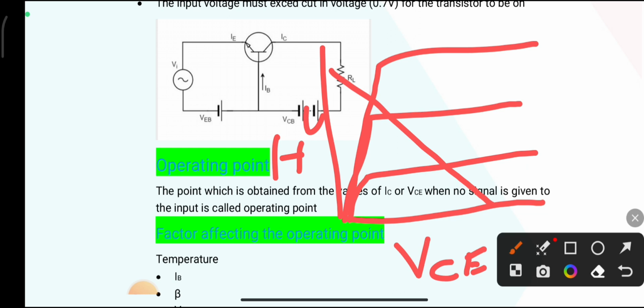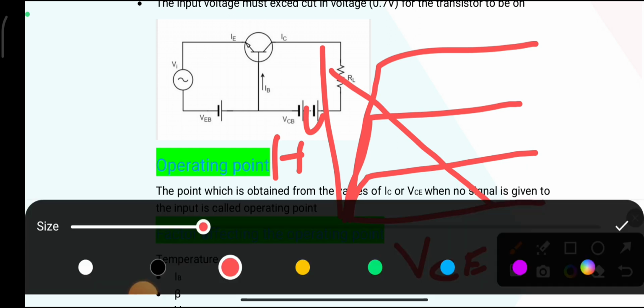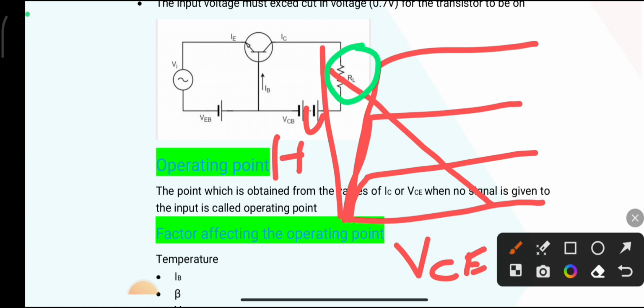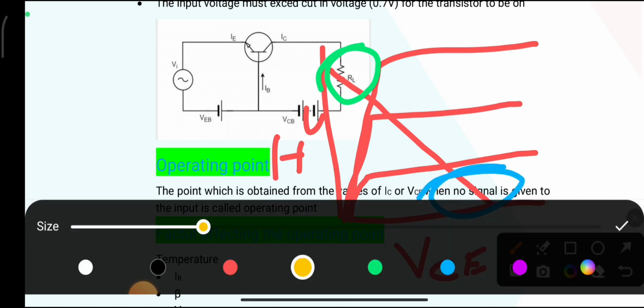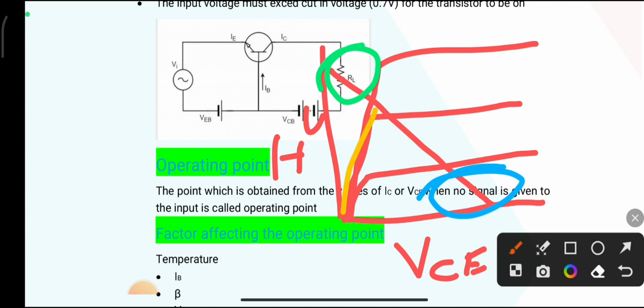This part is called the saturation region, this part is called the cutoff region, and from here to here is called the active region. In these regions, the operating point must lie in the middle of the active region.